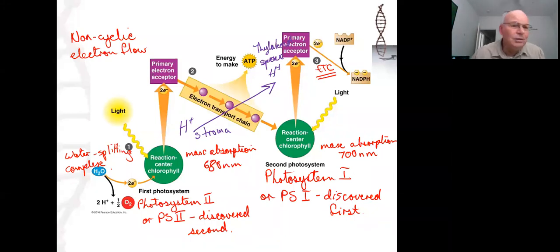And it gives us a clue as to where photosynthesis may have actually come from in an evolutionary sense. Because if you think about it, if all you need to do to make ATP is lie out in the sun, that's got to be a real benefit, because you don't have to go chasing down organic molecules to make ATP. Just hang around in the sunshine and make as much ATP as you want.